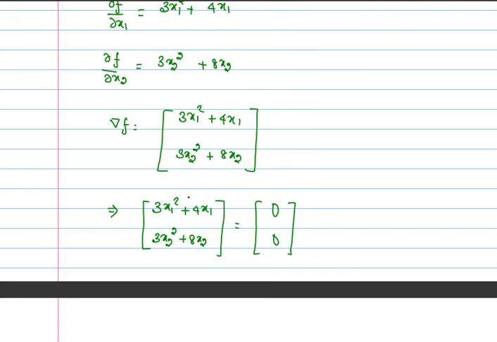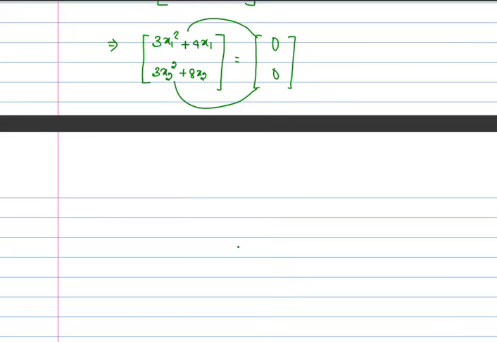That means the first component is 0 and the second component is 0. So 3 times x1 square plus 4 times x1 equals 0 and 3 times x2 square plus 8 times x2 equals 0.